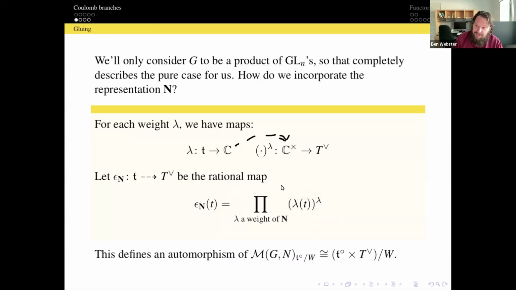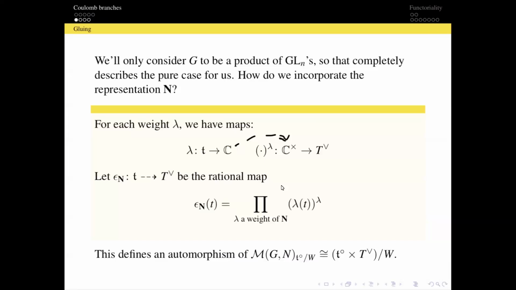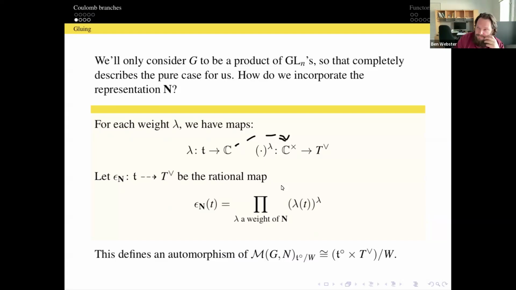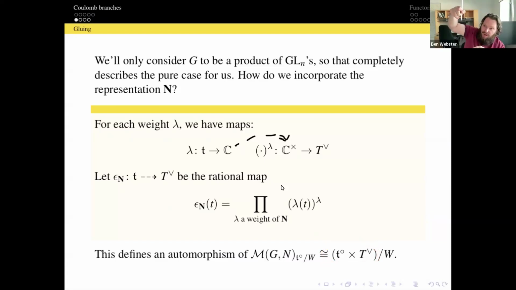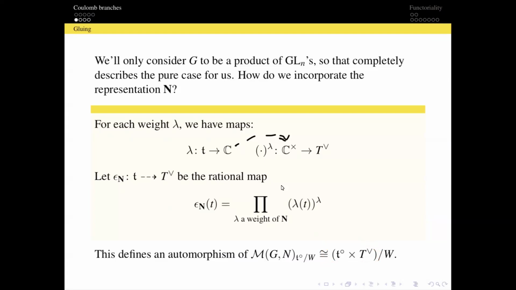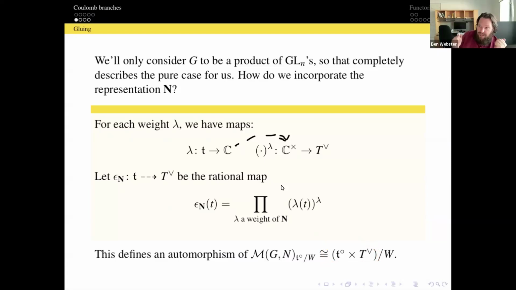But that only makes sense if the number I got from my Lie algebra was not 0. Okay. But that defines a map from little t circle to big T check. Yeah. And then what's the automorphism then? So the automorphism is in this product over each point in T circle, I multiply by that element of T-check. Okay. So it really is a gauge transformation. Okay.